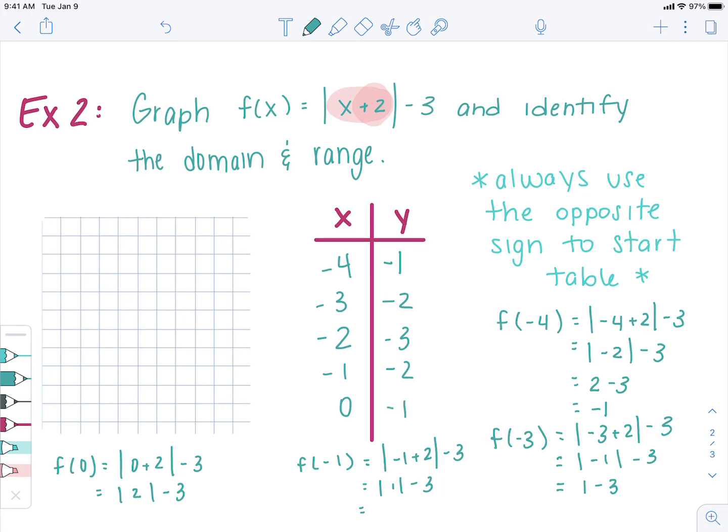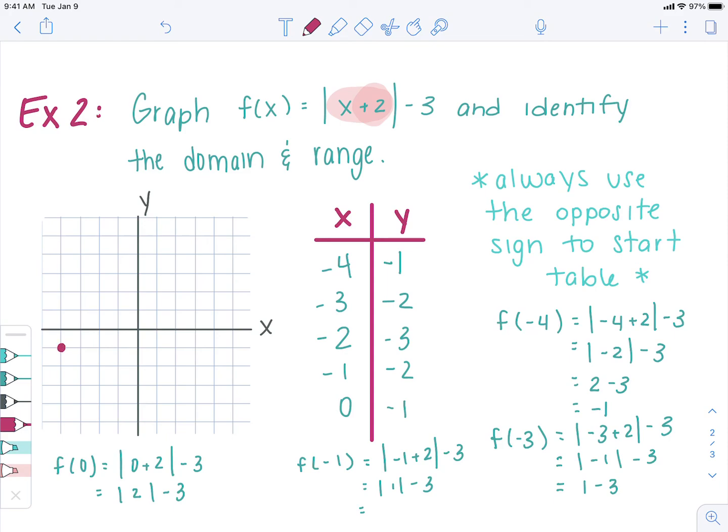Yay, let's plot these bad boys. We're almost there. X, Y. And then I'm just going to go -4, -1, right? So I'm going to go back 4, down 1.